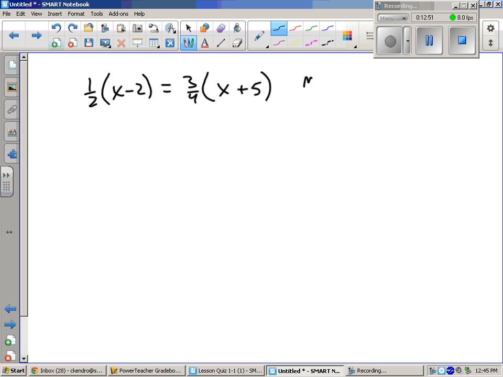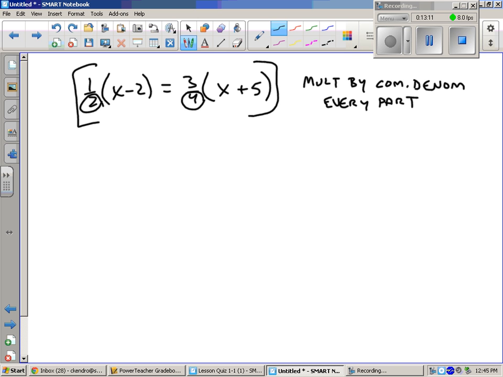And the way you do that is you multiply by the common denominator, and you do every part. Now our common denominator between a 4 and a 2 is a 4. So I'm going to multiply this whole thing by 4. Now if you want to think of it as 4/1, you can. So 4 times 1 and 1 times 2, and then we just leave this.